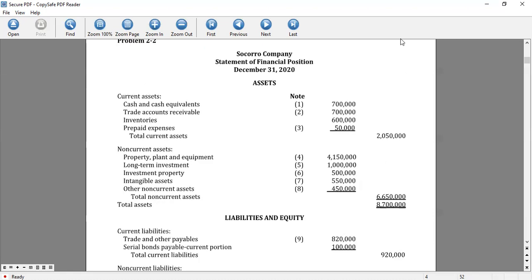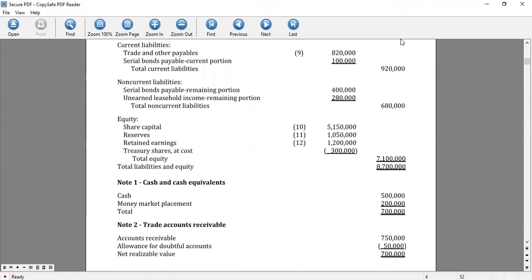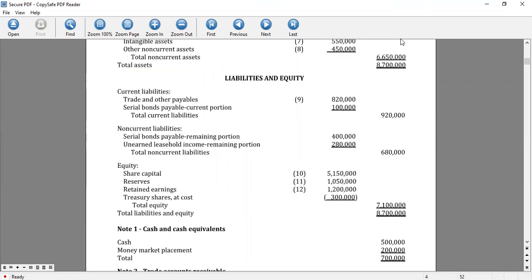So, cash and cash equivalents as provided in note number 1: cash of 500,000 and money market placement of 200,000. Now, cash is stated at 1 million, but this includes the money market placement of 200,000 and the restricted foreign deposit of 300,000.